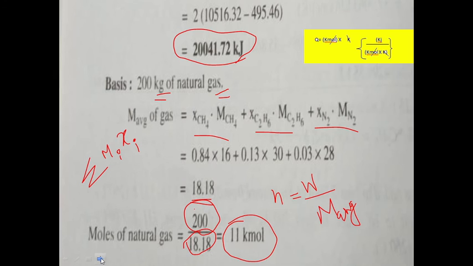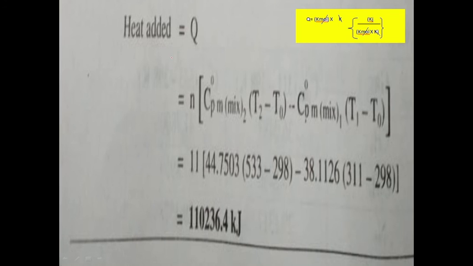Now we are ready to calculate the capital Q value. Capital Q is equal to n into Cp m dot mixture 2 (T2 minus T0) minus Cp m dot mixture 1 (T1 minus T0). Here the n value is the only difference from the first division. So n is the calculated value, 11. Cp m mixture 2 is already calculated; substitute it. T2 is 533 Kelvin.